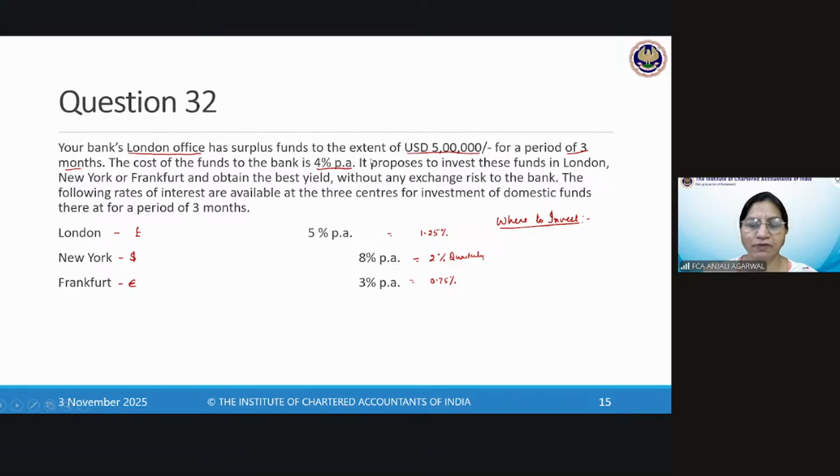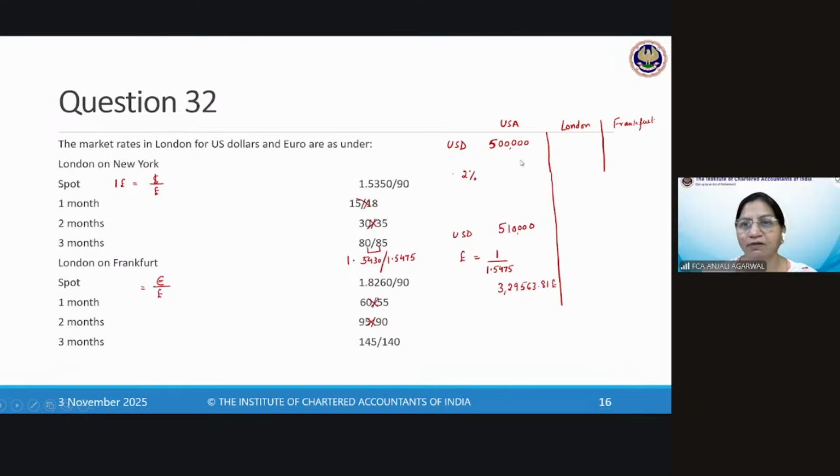So because you have USD, if you invest in New York at 2% for 3 months, you don't need to convert. 5 lakh would be invested, and at the rate of 2% for 3 months you will end up getting interest of 10,000, and your total USD after 3 months is 5,10,000 USD.